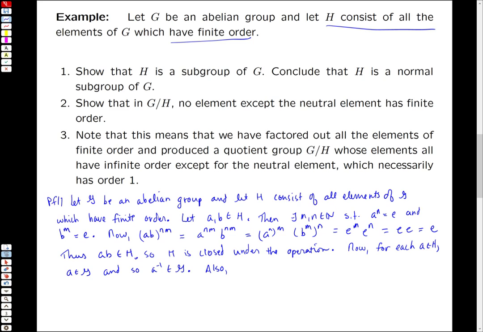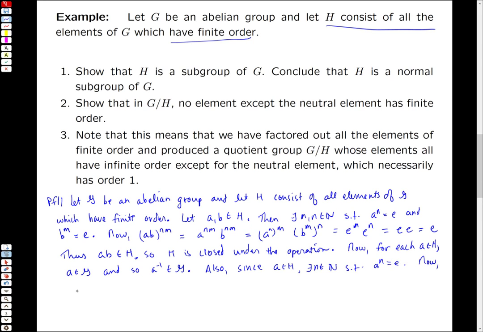I know A to the N was equal to E. Also, since A is in H, there exists an N in the natural numbers such that A to the N is equal to E.